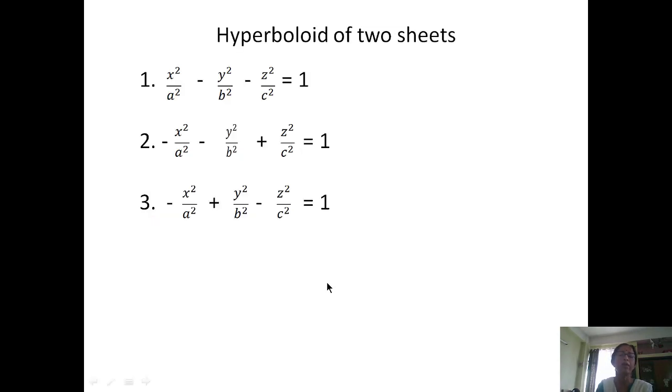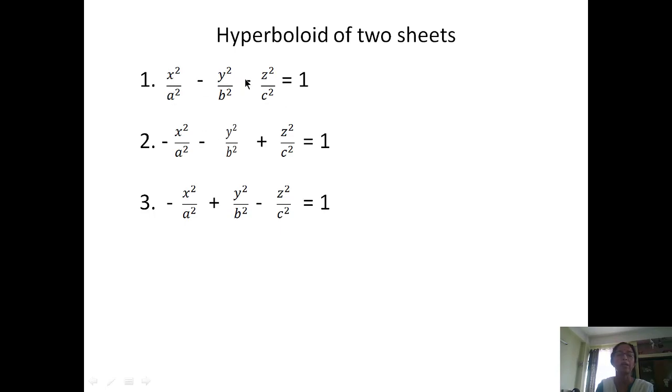But we have these types of equations also which represent hyperboloid of two sheets. Already this one I have told. Here we can notice that in hyperboloid of one sheet we have two positive signs before the second degree terms and one negative term. But for hyperboloid of two sheets we have two negative signs and one positive sign before the second degree terms.